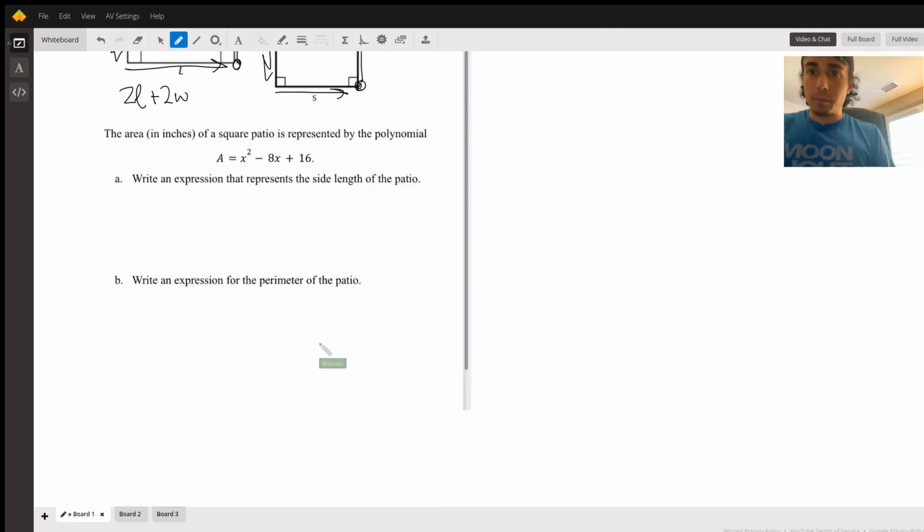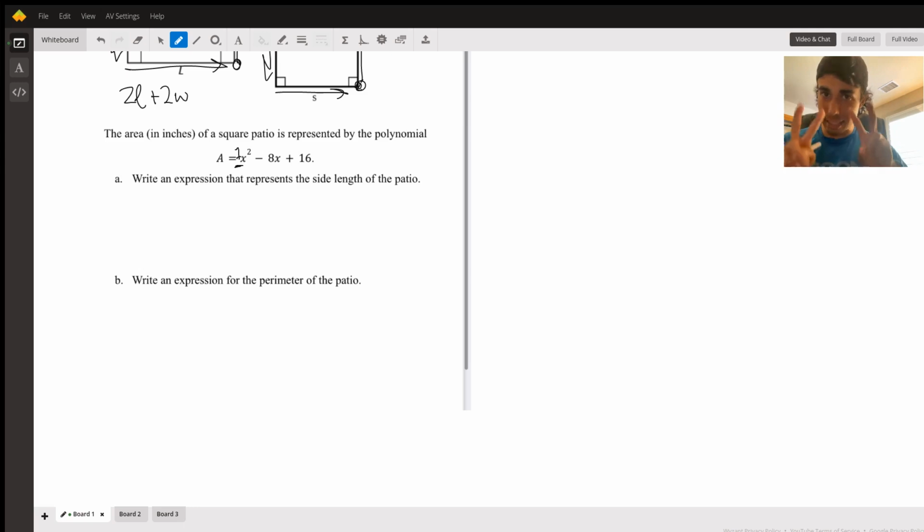All right, so the area in inches of a square patio is represented by the polynomial A equals x squared minus 8x plus 16. Here's what we've got. First, you want to think about whether a is equal to 1. In this case, a is 1 because there was no number in front of that x squared.